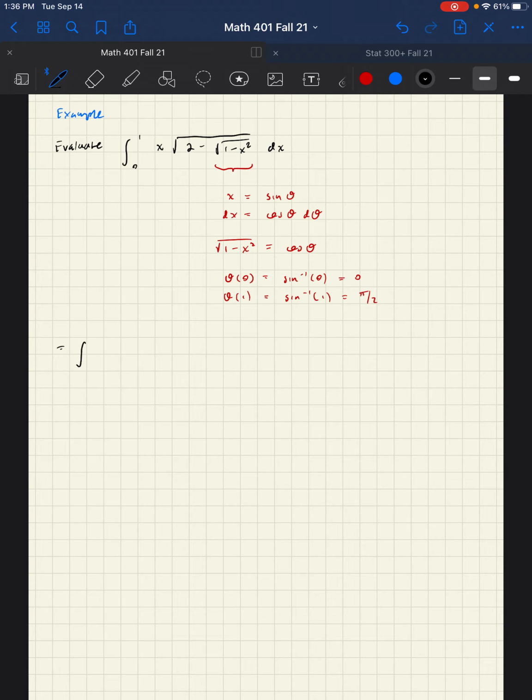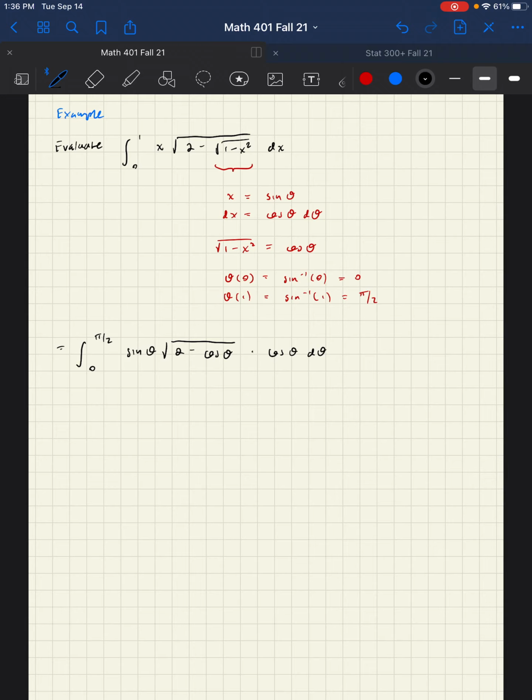So those are all the pieces of the substitution that we need so far. So we have the integral from 0 to pi over 2 of x, which is sine of theta, times the square root of 2 minus cosine of theta, because the square root inside the square root turns into cosine, times cosine of theta d theta.